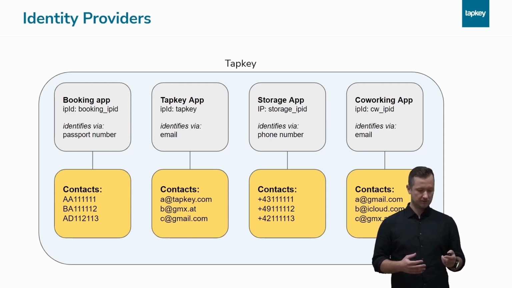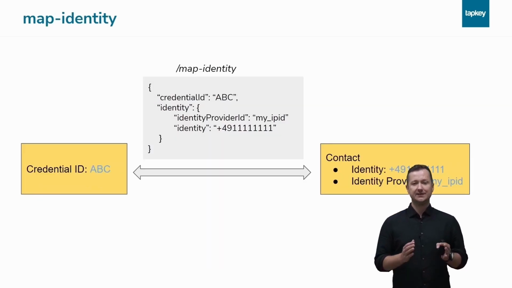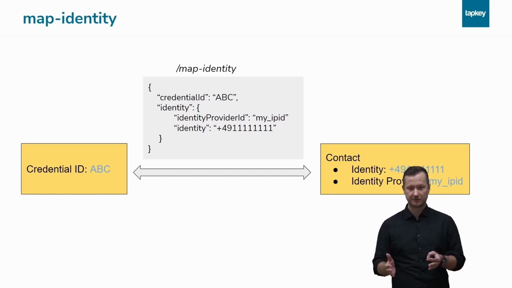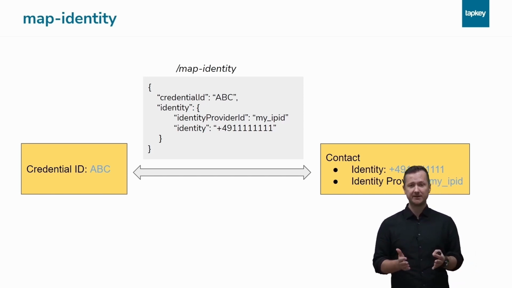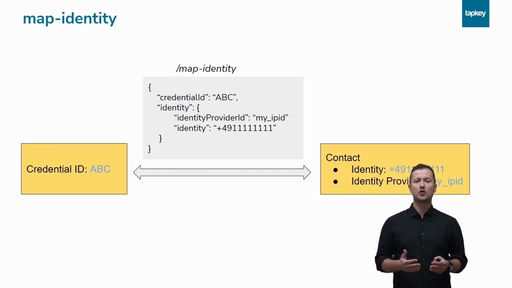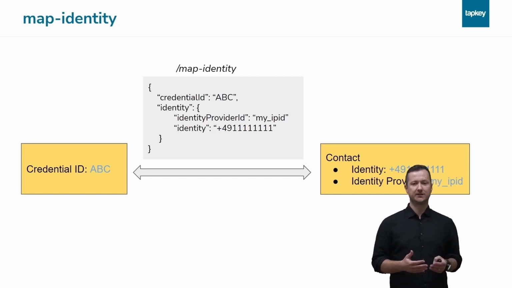So to get back to the map identity endpoint, this endpoint allows you to specify which mobile credential, specified by its credential ID, can be used within which app, specified by the identity provider ID, and by which user, specified by the identifier. In Tapkey terms, a credential ID will be mapped to what is called a contact in the Tapkey ecosystem. To learn more about identity providers and contacts within the Tapkey ecosystem, please refer to our documentation site at developers.tapkey.io.